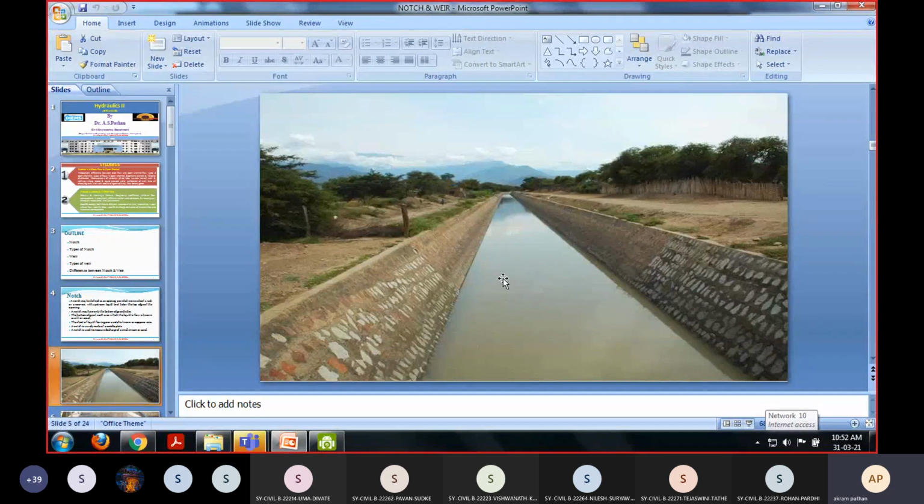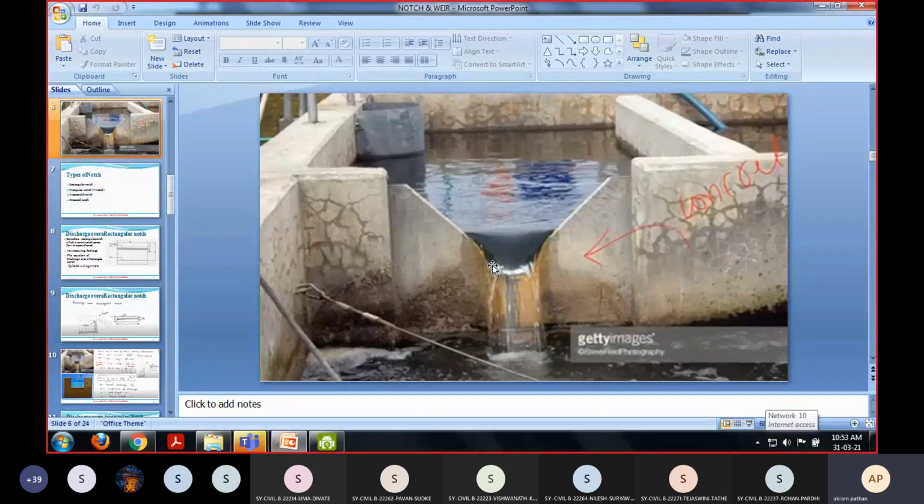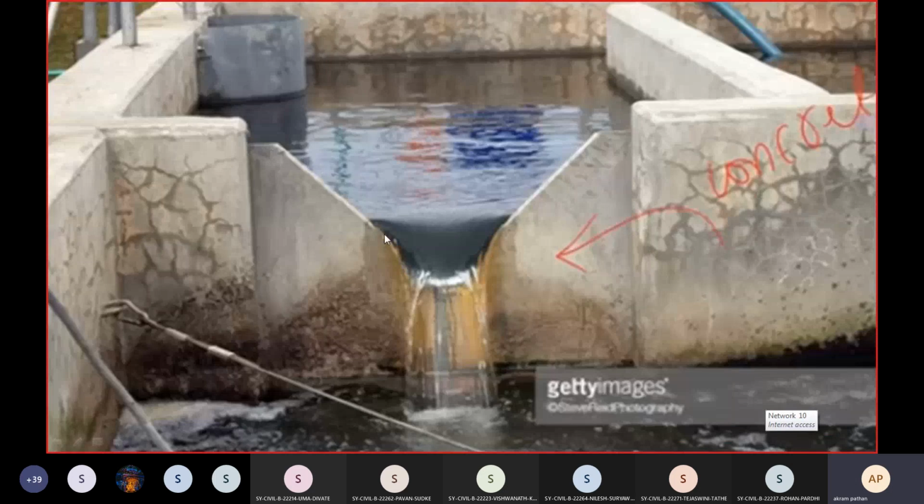If the channel is triangular, then we have to place a triangular notch or weir across the flow in the channel for measuring the discharge. In this diagram you can see a trapezoidal weir. A notch is made of any type of metal, iron, steel or aluminum, any type of material we can use for manufacturing.